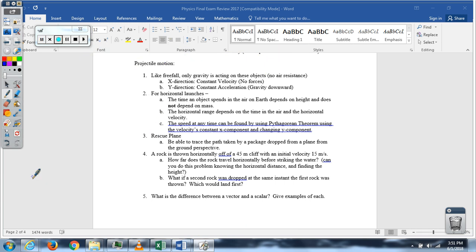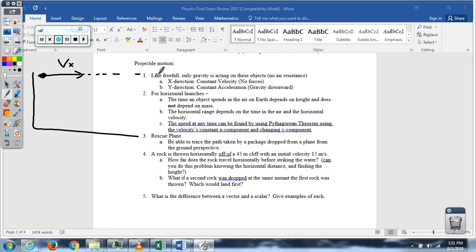All right. 3 says looking at a rescue plane, be able to trace the path taken by a package dropped from a plane from the ground perspective. You guys had a problem where you did this before. The plane is moving this way, and at this moment drops a package. So the plane maintains a Vx that is constant.